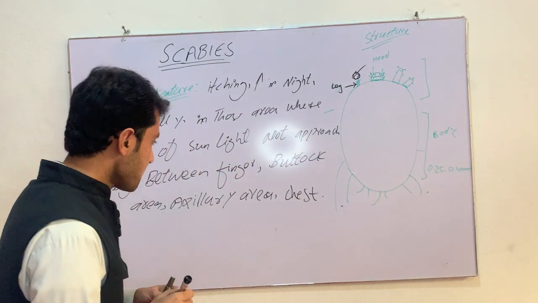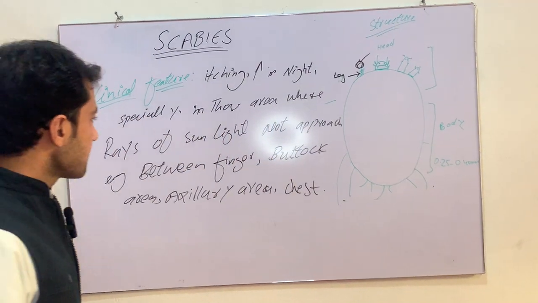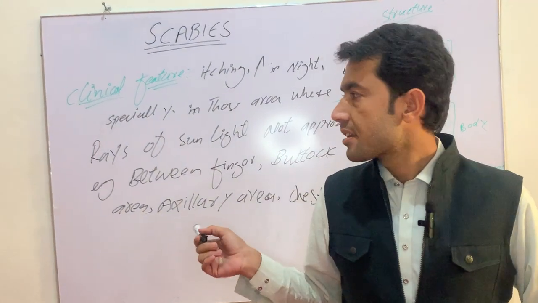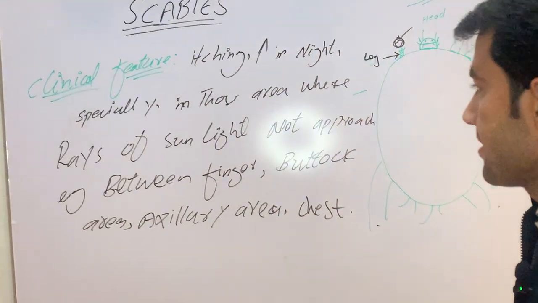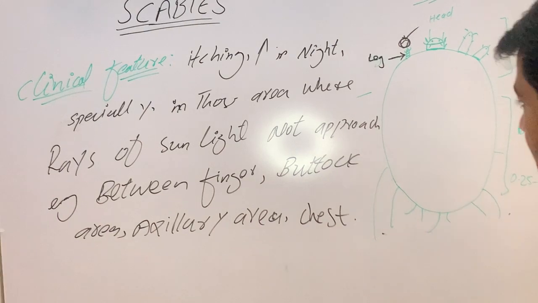So these areas are mostly affected by Sarcoptes scabiei, because sun rays or light do not reach them easily.